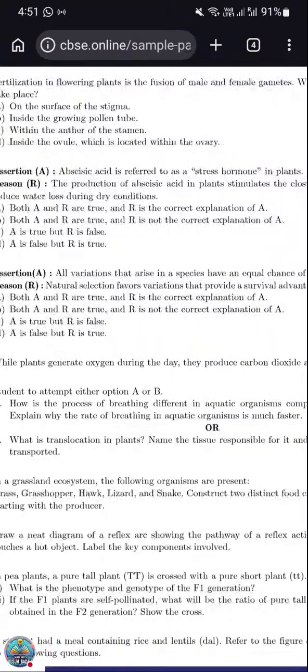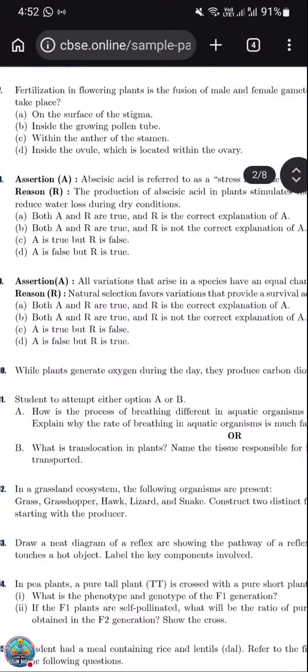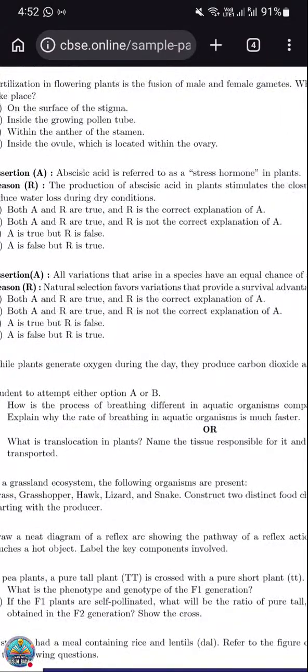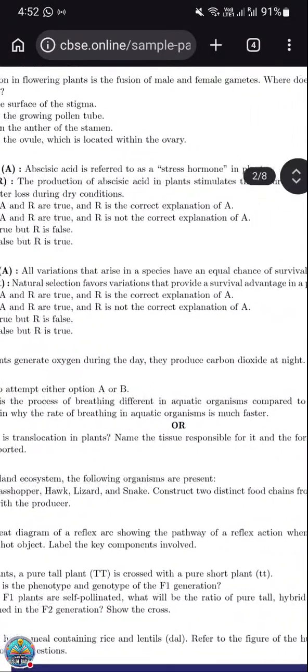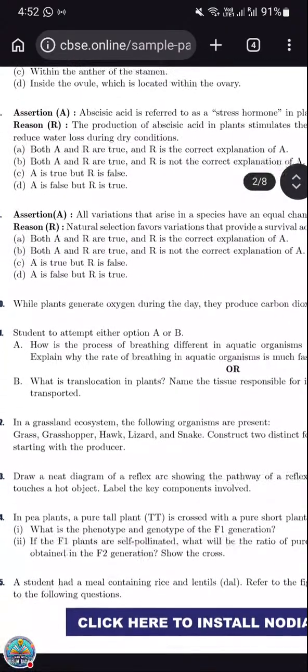Say answer quickly. Question number 9: all variations that arise in a species have equal chances of survival. Natural selection favors variation that provides a survival advantage. Okay, correct one. Now the next question.